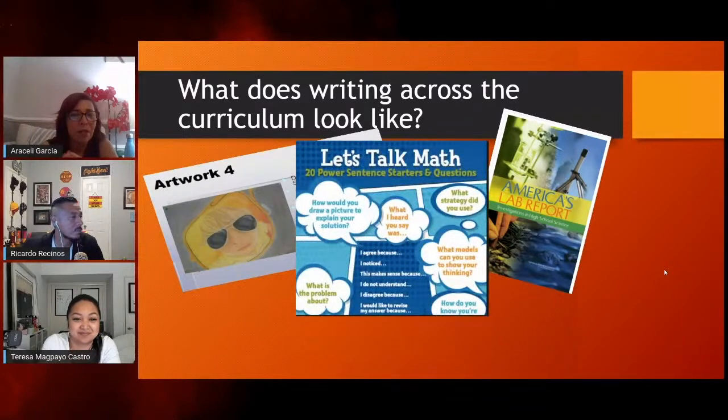And math, right? A lot of parents complain about Common Core math. The students complain, right? It is so connected to literacy. It's so rich in vocabulary and in inferences, in dissecting what exactly that question is asking.